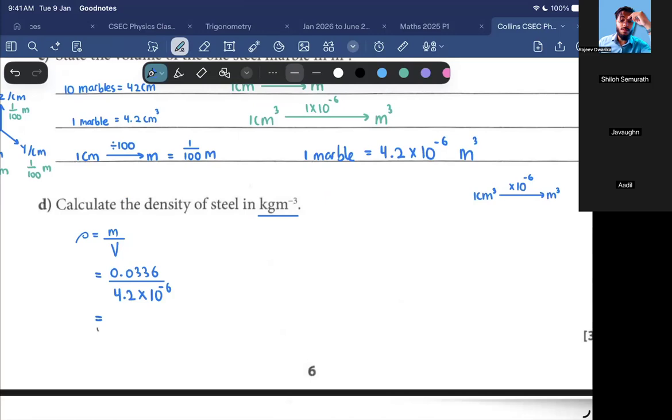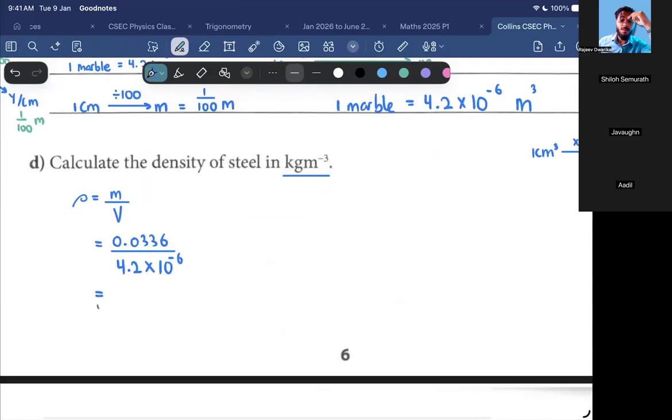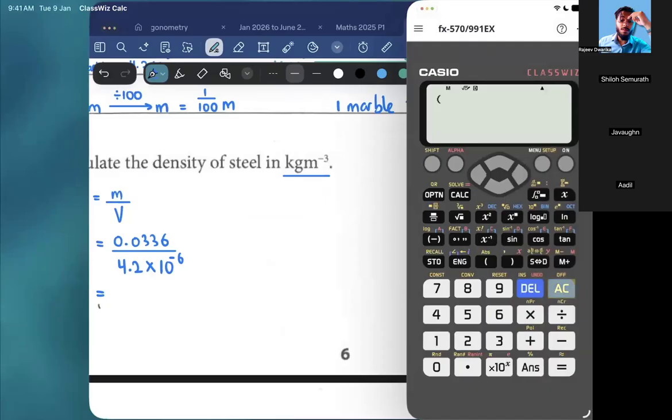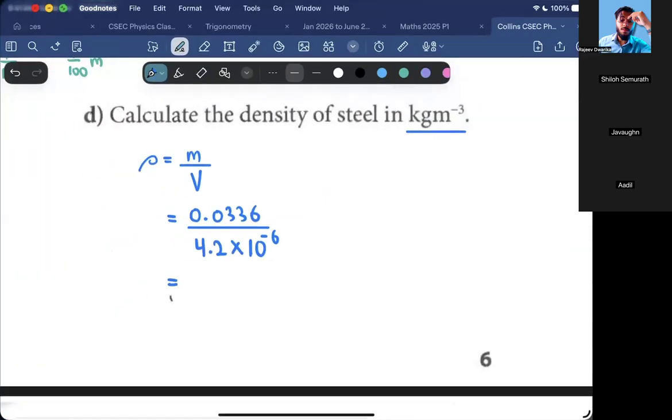Sir, 8,000. Shiloh, how about you? What you get? 8,000. Okay, nice. Let me verify that. 0.0336 over 4.2 times 10 to the negative 6 is 8,000. Nice. And the units?